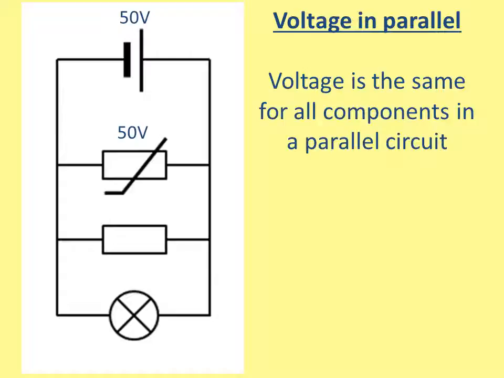The resistor must also have 50 volts, and the lamp also has 50 volts. Now this is quite easy to imagine if you think about each component touching each side of that cell. Therefore, it gets all of the energy from the cell before it can travel through the component.